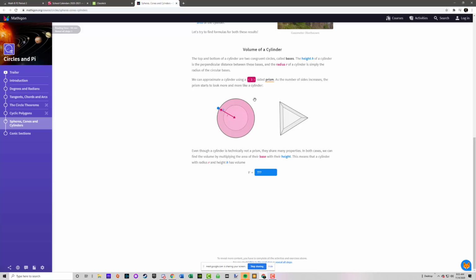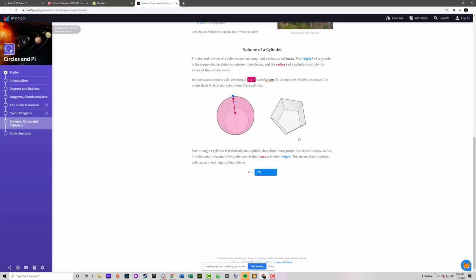What I'm going to do is, instead of having 3 sides, increase it to 4 sides. It looks like we've changed to a square, because we have 4 sides now.